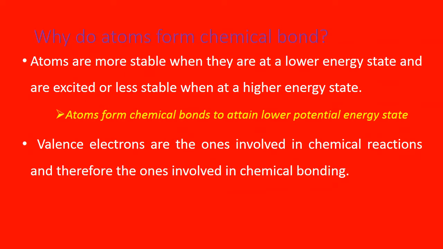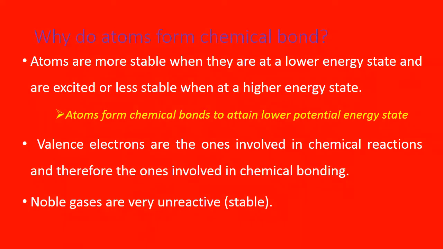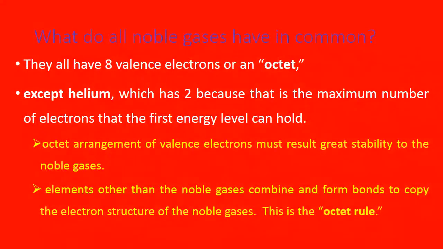Noble gases are very unreactive atoms, or they are the most stable. What do all noble gases have in common? First, they all have 8 valence electrons, or an octet, except helium, which has 2 electrons, because that is the maximum number of electrons that the first energy level can hold.